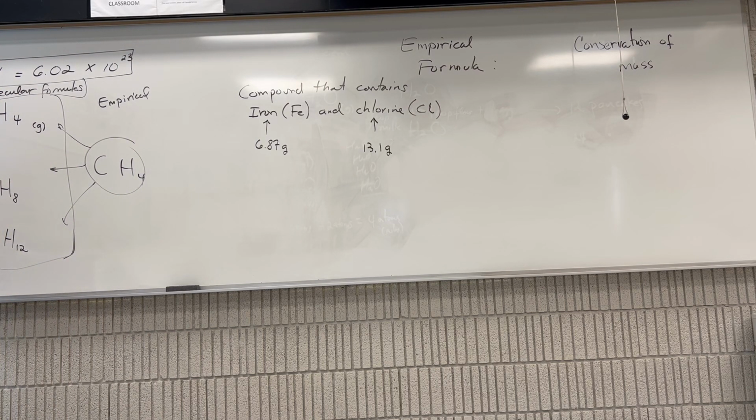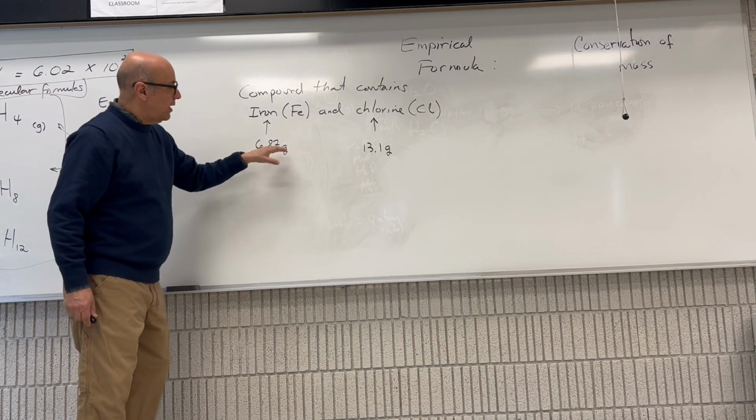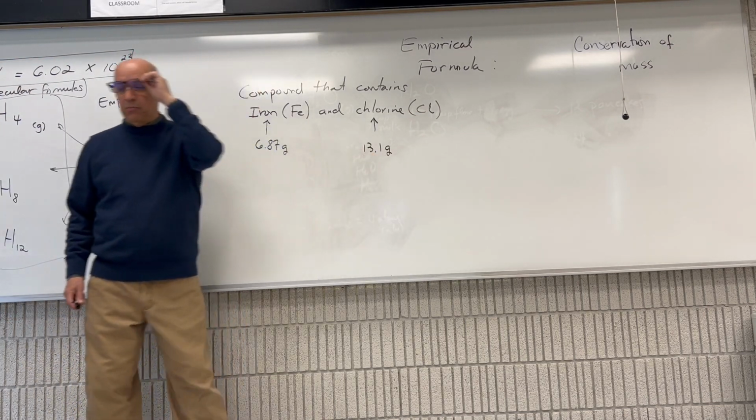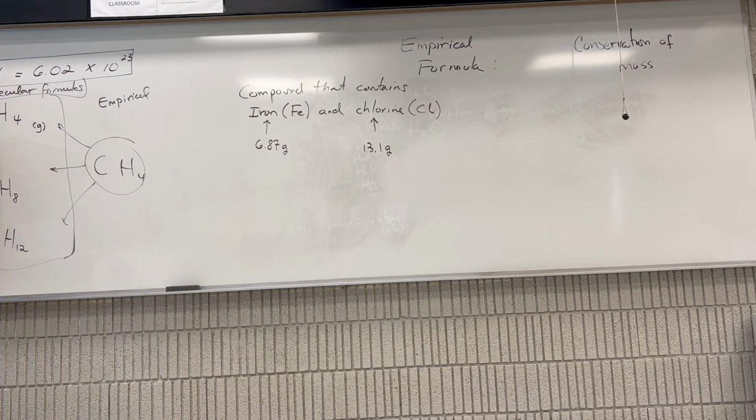So what can we do with those numbers? Well, we can actually calculate moles. Because remember, when you have a formula, this CH4 formula doesn't tell you that you have 1 gram and 4 grams. That would be wrong. It tells you that you have 1 mole and 4 moles, or 1 atom and 4 atoms.